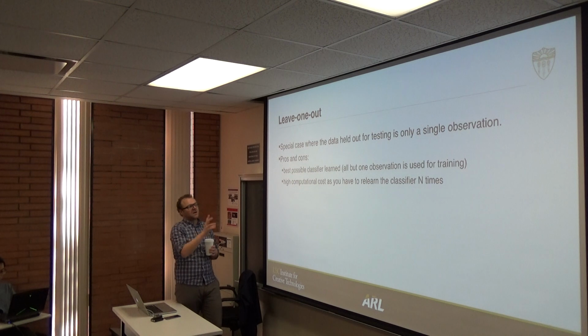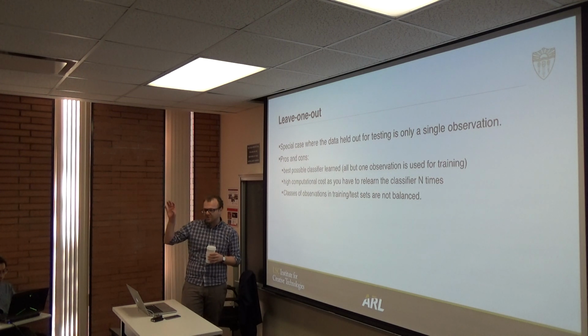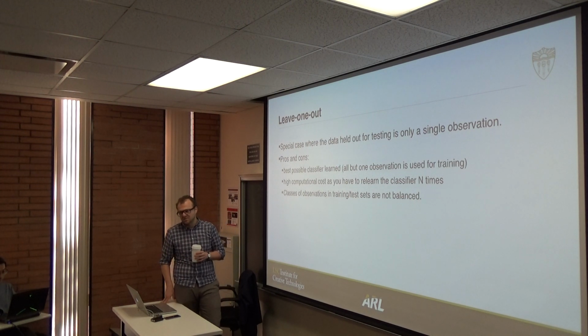And that can become quite expensive to do. Also, the observations in the training and test sets are not balanced, obviously, because you only have one point in there. And it becomes very difficult to use some of the metrics out of the box, so you would have to collect the data first and then run the experiments. Okay? All right. Questions for that?